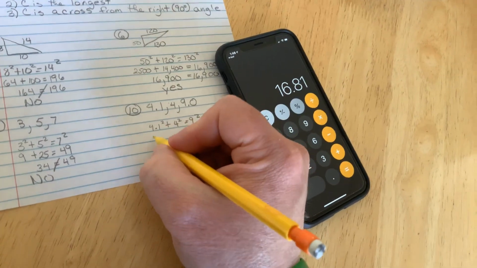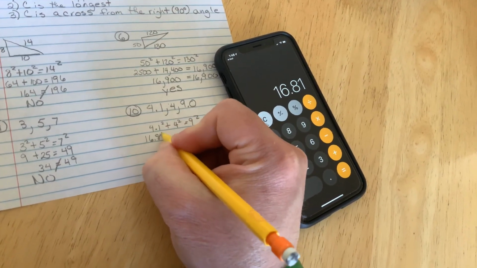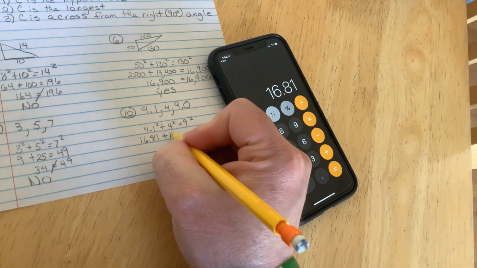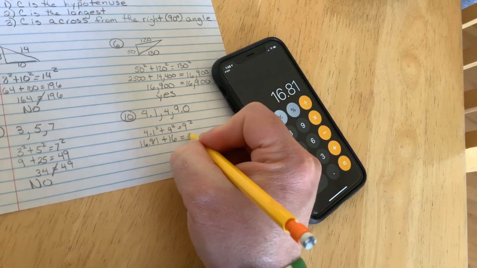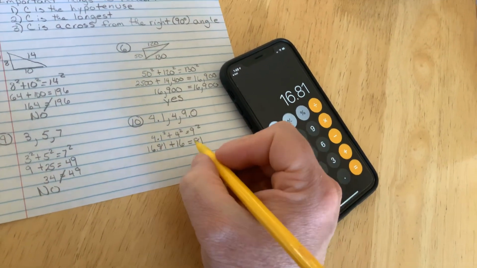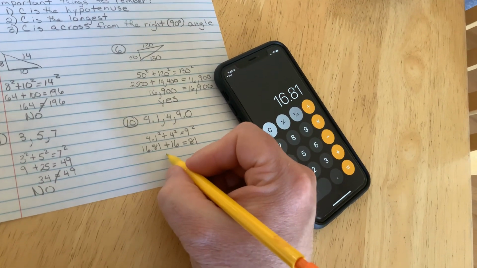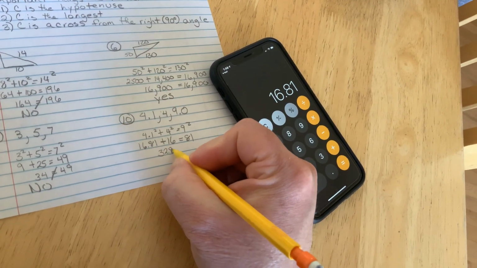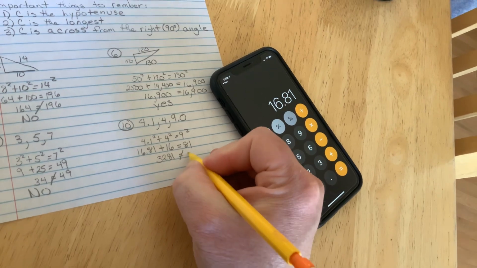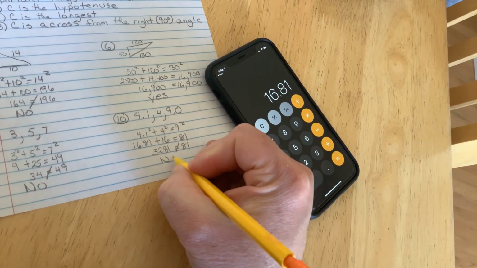Using our calculator, we get 16.81 plus 16, does that equal 81? 16 plus 16.81 is 32.81, which does not equal 81, so this would also be an example of a no.